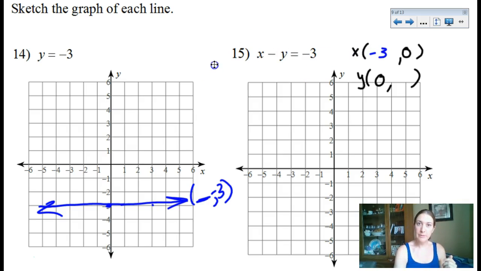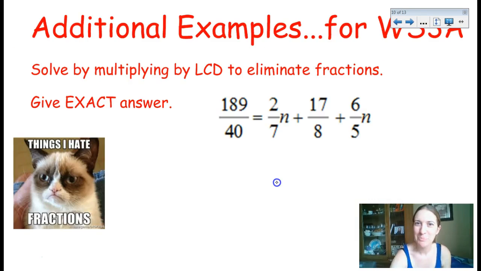And then similarly, get rid of the x term. So careful, little math. Negative y equals negative 3, which means y equals positive 3. So if I plot these 2 points, negative 3, 0, and 0, 3, then connect them. There you go. Another way to graph a line.